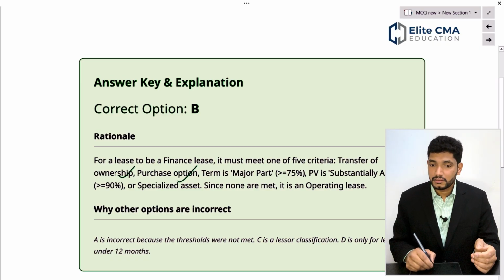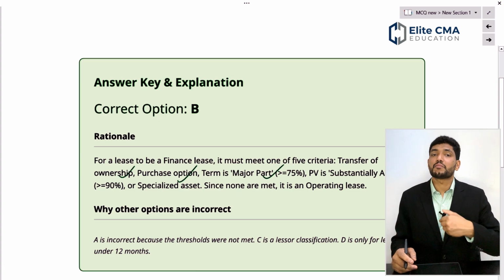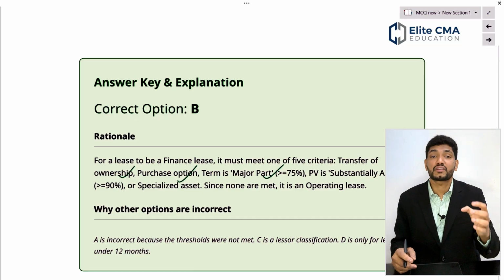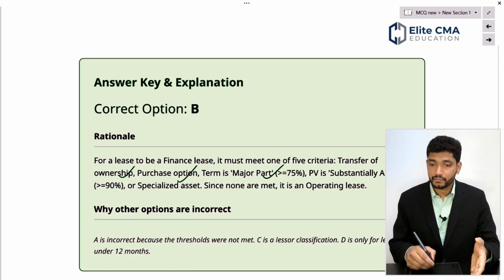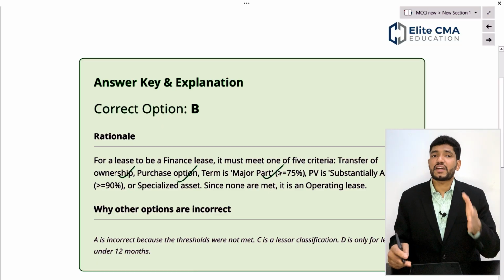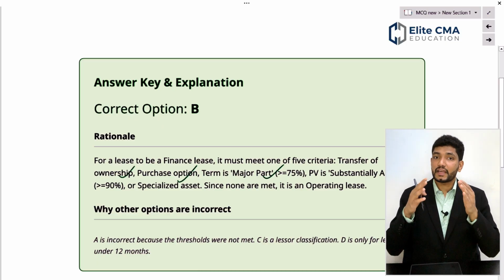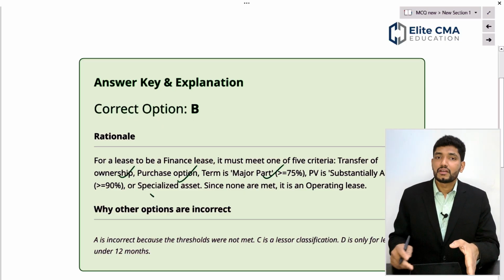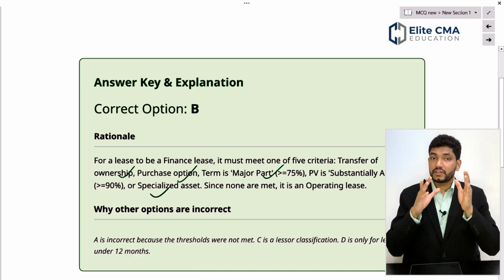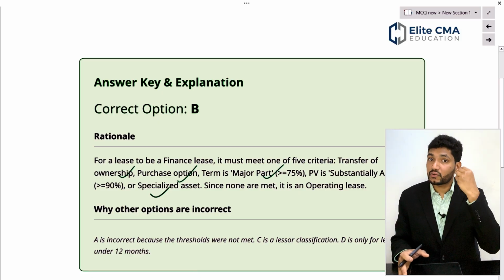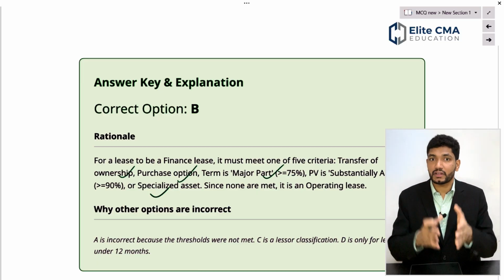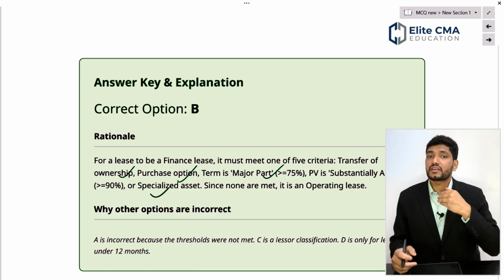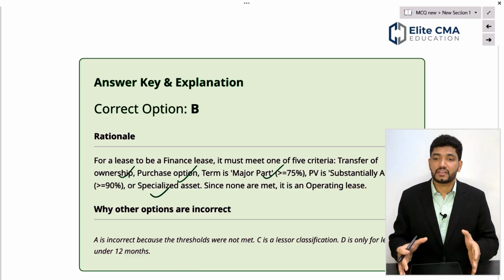Then the asset useful life, if 75% or more of the asset useful life is included in the lease term, then it is a financing lease. Then if the present value of all lease payments is 90% or more of the asset's fair value, then it is a financing lease. Then lastly, if it is a specialized asset for that particular company, then it can be classified as a financing lease.